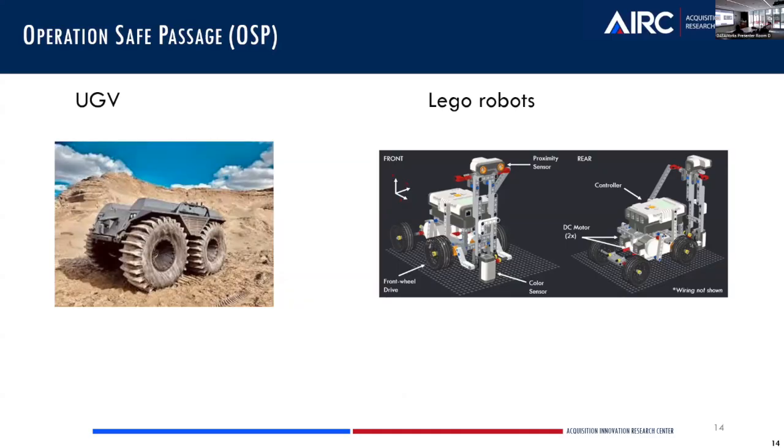What's neat about this is that there are multiple configurations that you can use. There are some common elements across the systems. There are different tire sizes, different motors, and a lot of different parts that you can use.